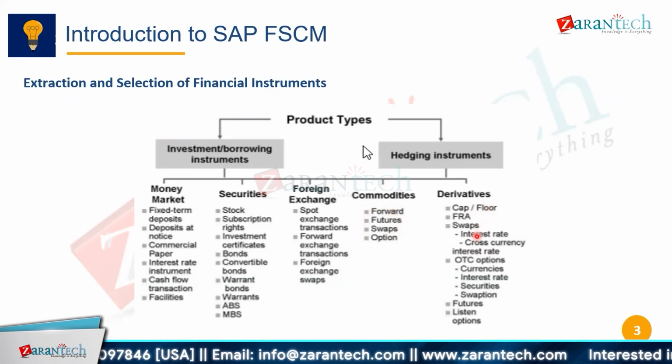And then derivatives. These are derivative products where the actual delivery of the product doesn't happen, only the difference between the rates of the transaction is settled. That's the high level I can say. In this product category, we have futures, options, swaps, and different types of products available.